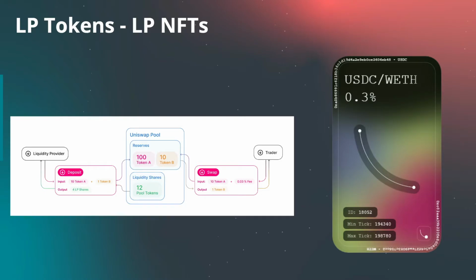So what is the reason for that? A lot of users using V3 have different price curve options, so they cannot give you LP tokens, because LP tokens only prove ownership of the whole curve. With V3, you have to own a V3 NFT. Those NFTs are tradable, by the way.